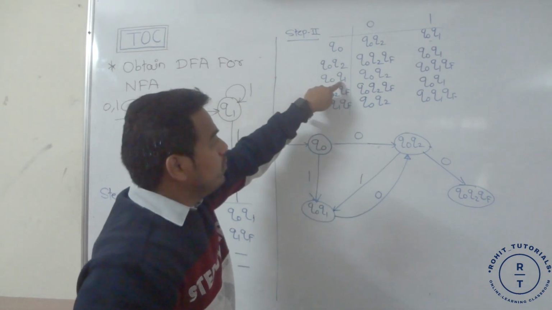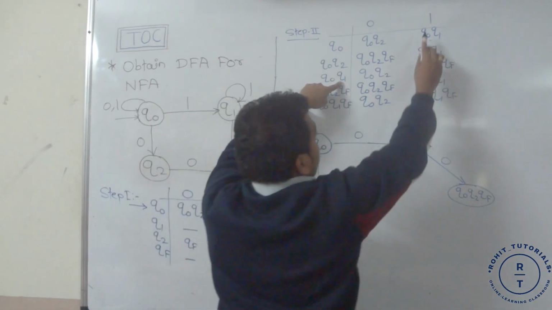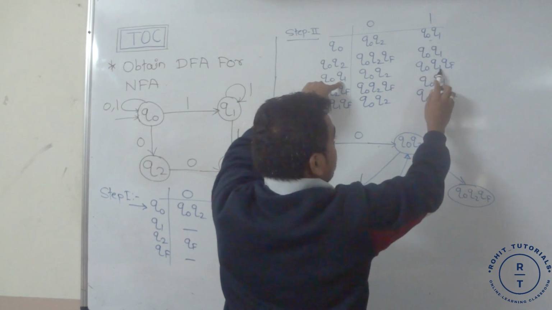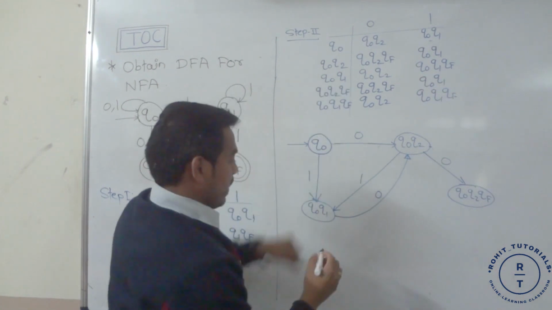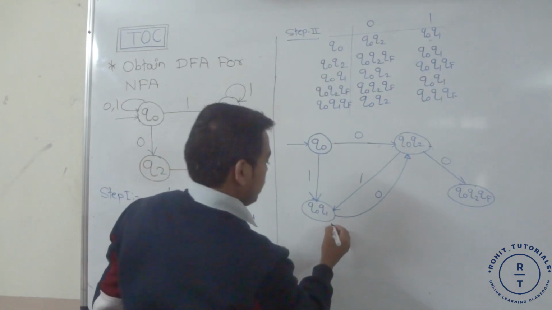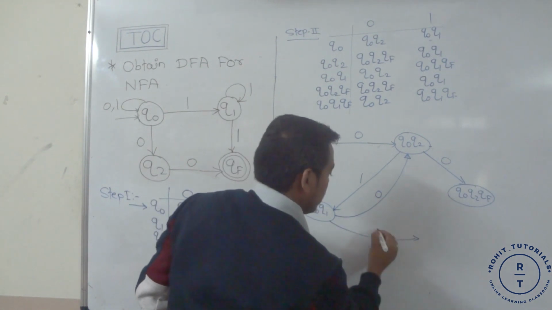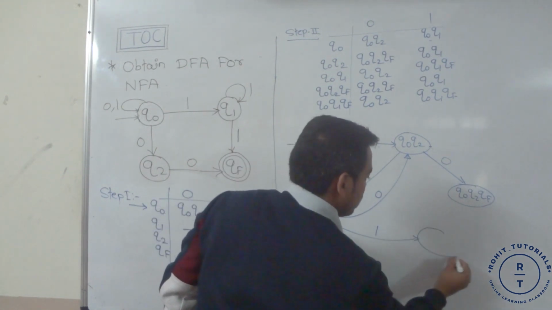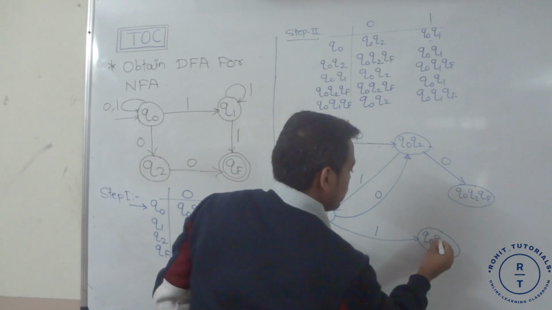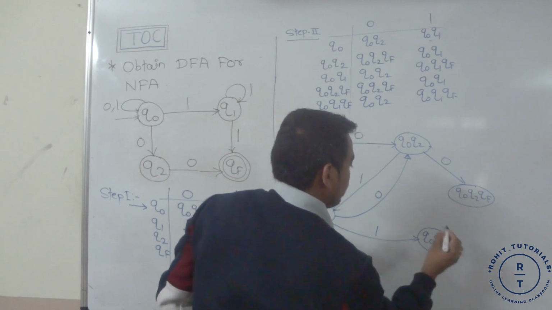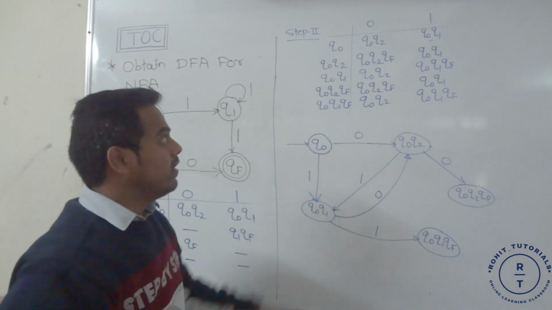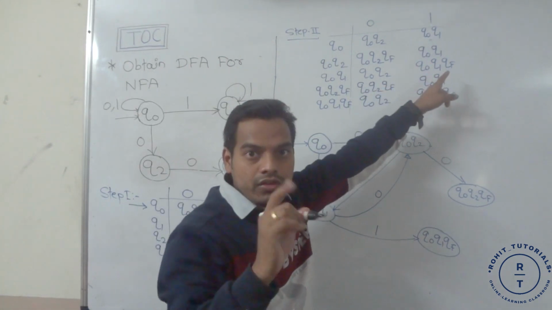At the Q0, Q1 state, when 1 occurs, it goes to Q0, Q1, Qf. At the Q0, Q1, Qf state, when 1 occurs, it goes to Q0, Q1, Qf.